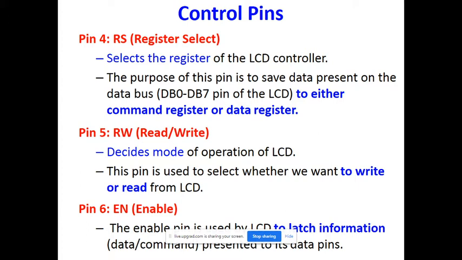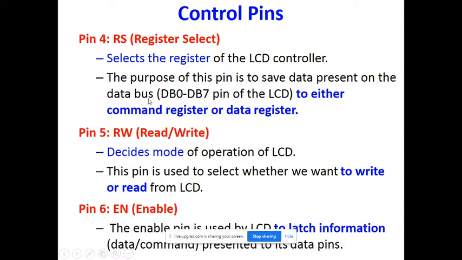Next pin is the enable pin. Here, the information is latched into either the data register or the command register, and that depends upon the EN pin, that is the enable pin. When you apply a pulse on this pin, that is a negative going edge, moving from high to low, at that instant information gets latched into either the data register or the command register, depending upon the RS status.